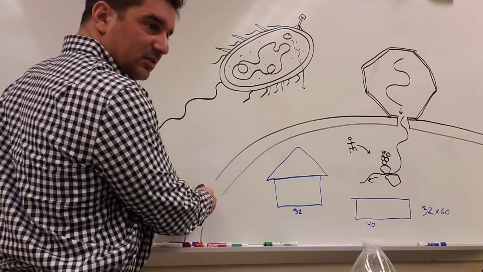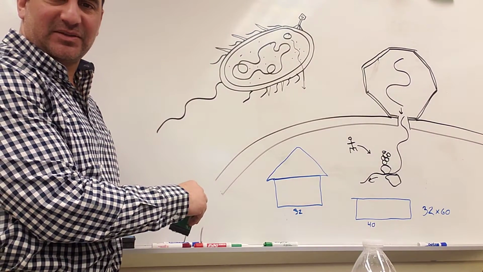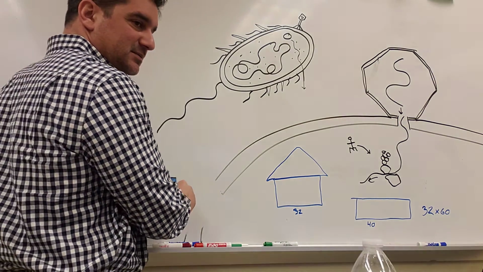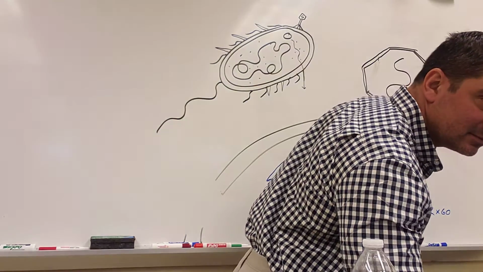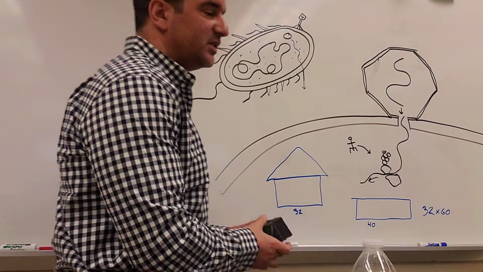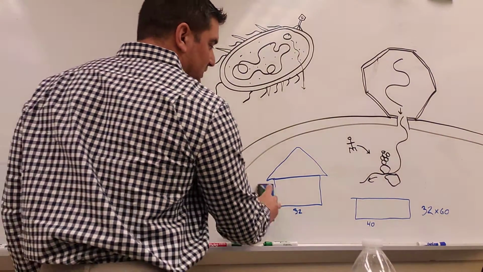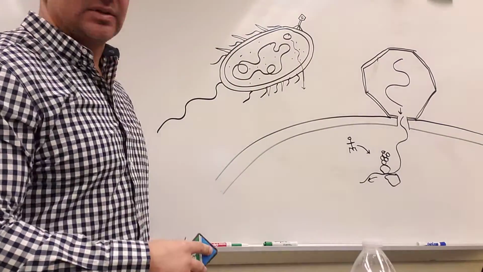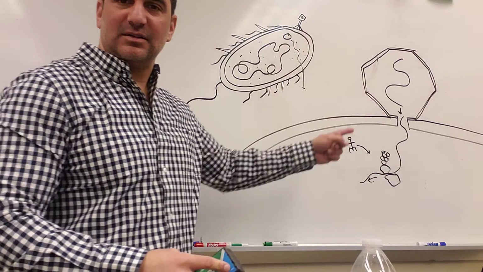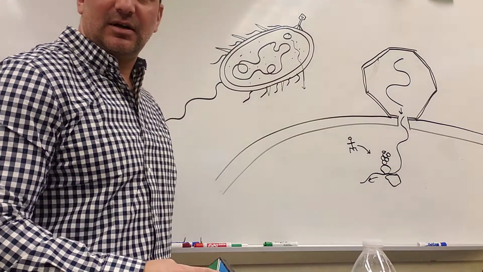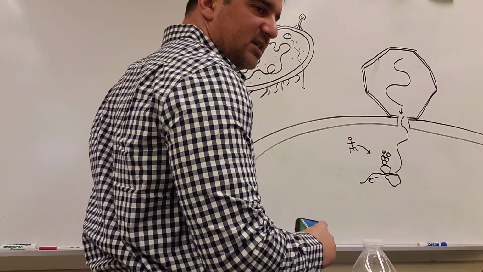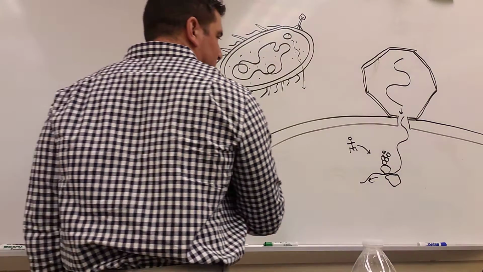Does anybody know what's on the board? What this is? This is from 8th grade science. Anybody know what's pictured there? You should know this from bio. Not the houses. You know what that guy is? No. Nobody. You don't recognize a virus? Okay.